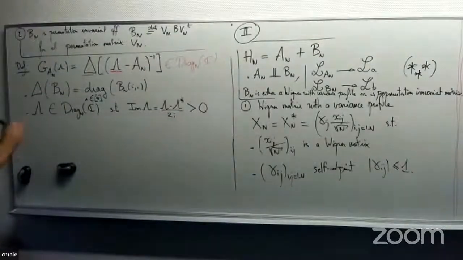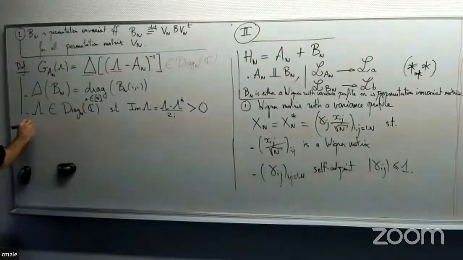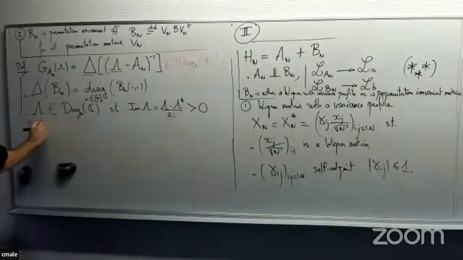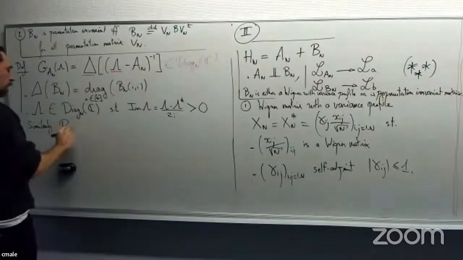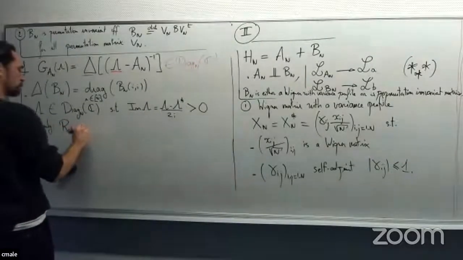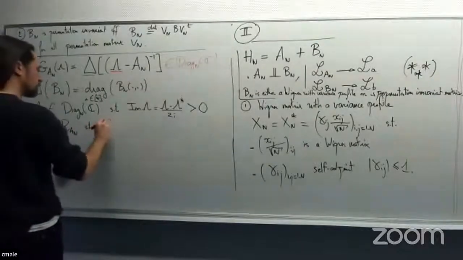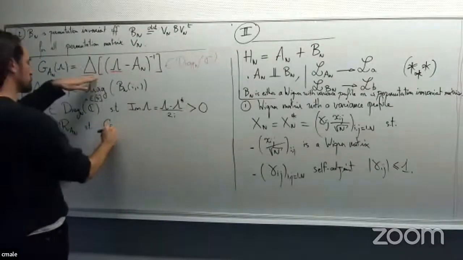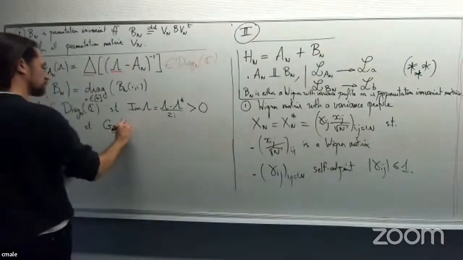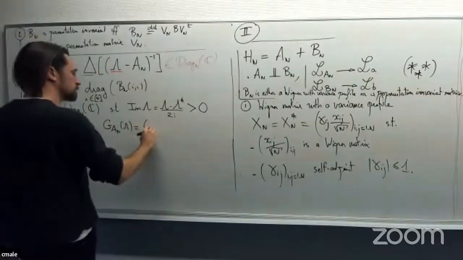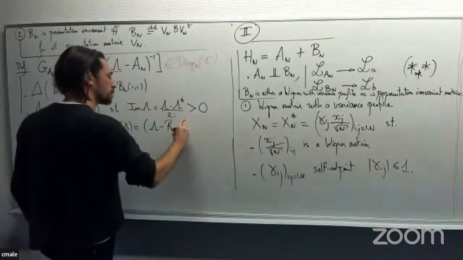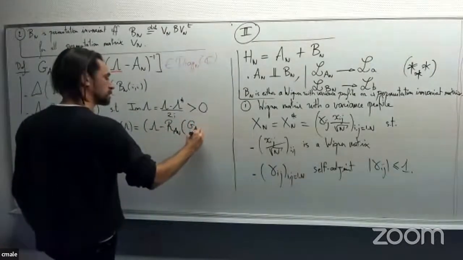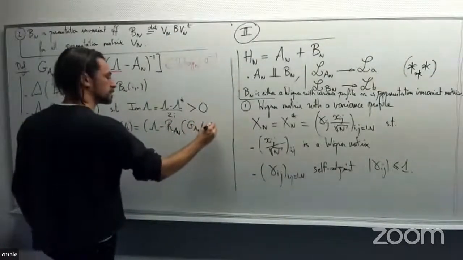Similarly, we define an extension of the R transform that I will denote R_n as before, such that the diagonal of the generalized resolvent is Lambda minus this new R transform in the diagonal of the resolvent.